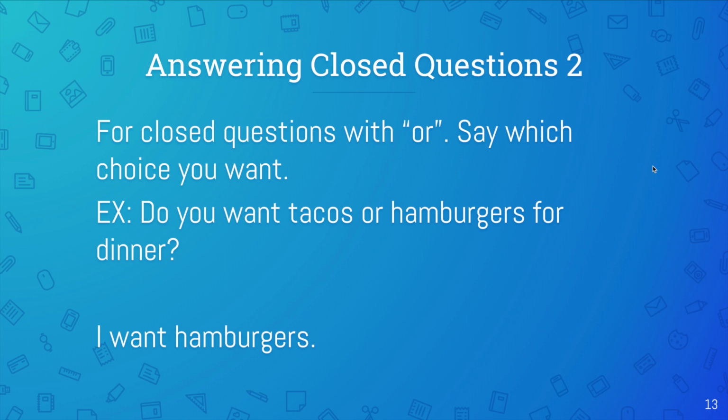For example, do you want tacos or hamburgers for dinner? This question gives us 2 options, tacos or hamburgers. And for our answer, we use the same main verb and choose the option that we want. I want hamburgers.